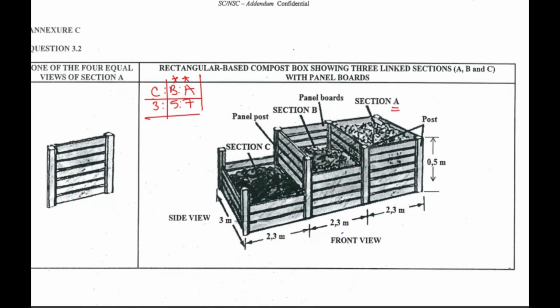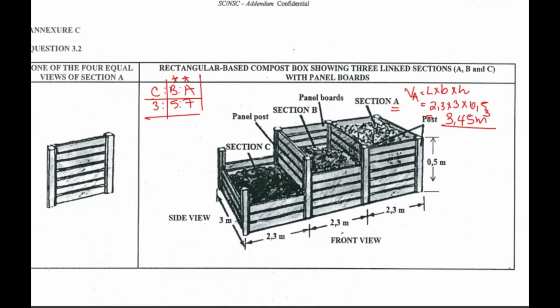We shall say volume of A equals L times B times height, which is 2.3 times 3 times 0.5. This is in meters. The answer becomes 3.45 meters cubed.